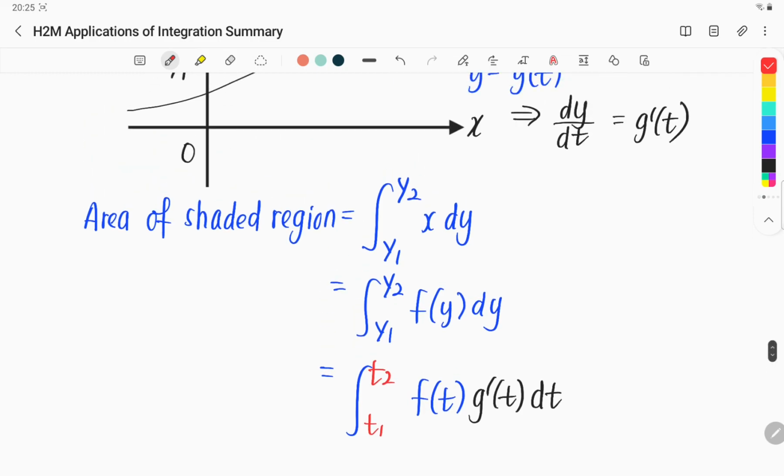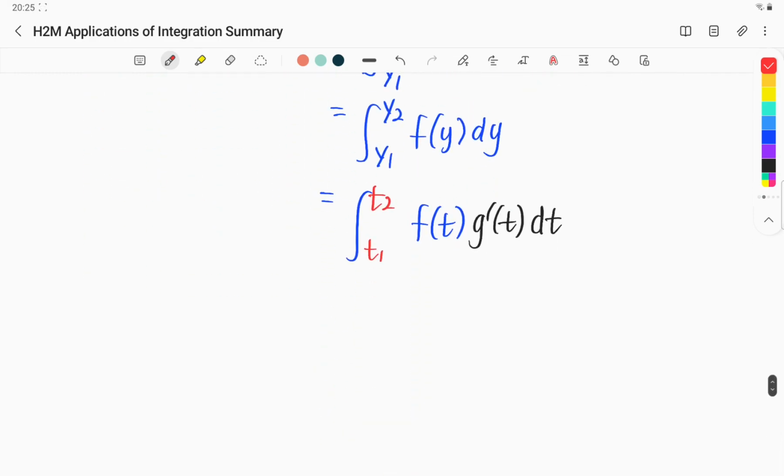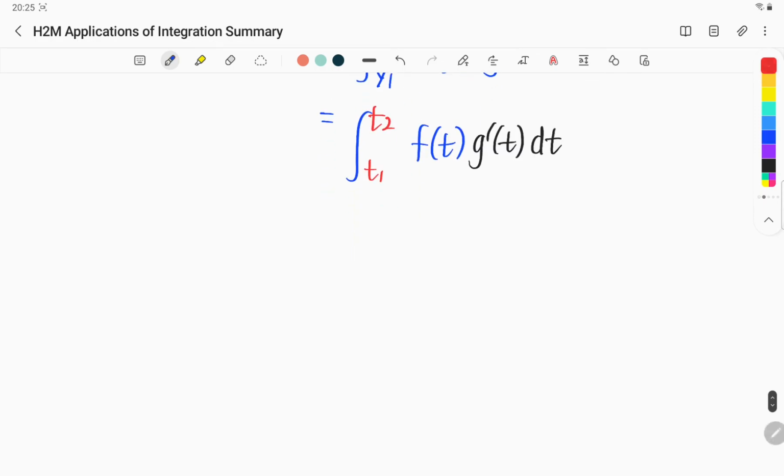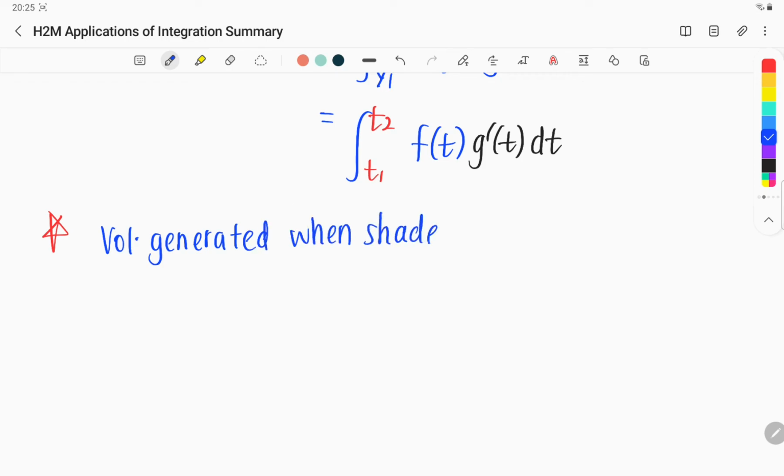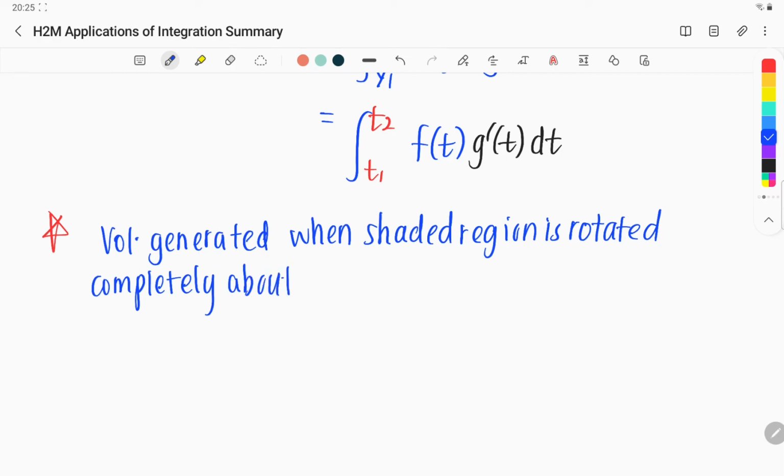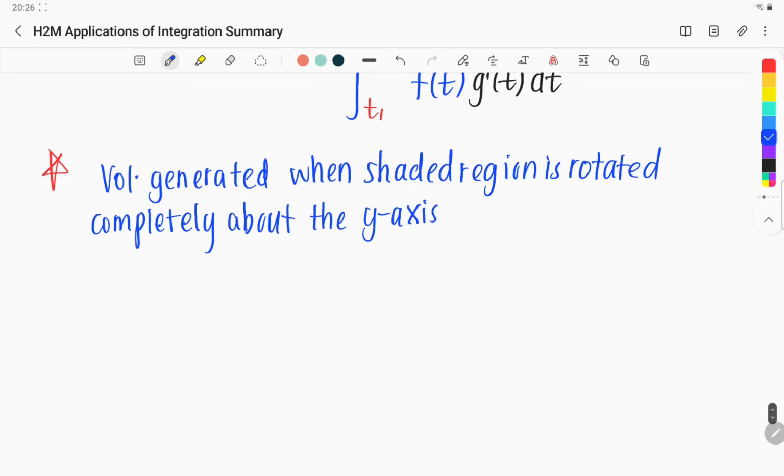Last concept that you have to know, again heavily tested in A levels, so put a star or something to remind you. Volume generated when the shaded region is rotated completely about the y-axis.